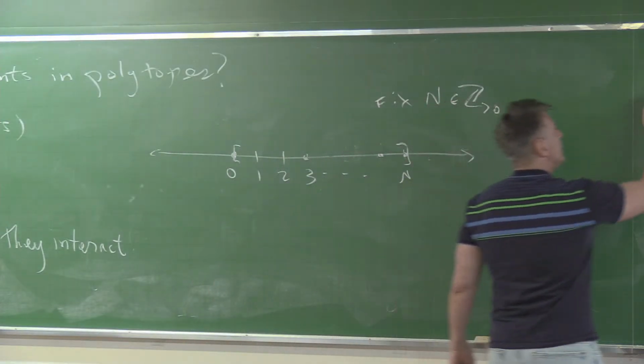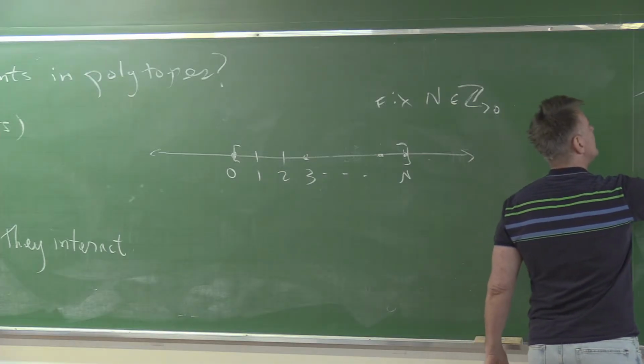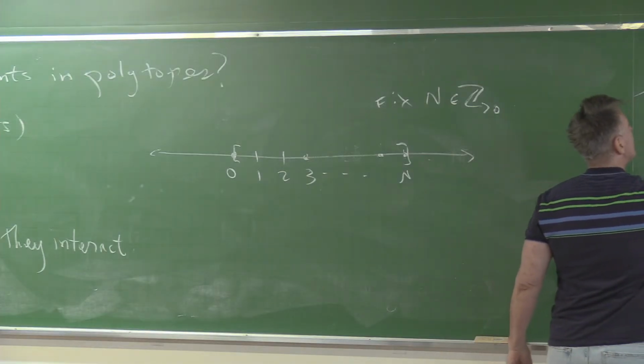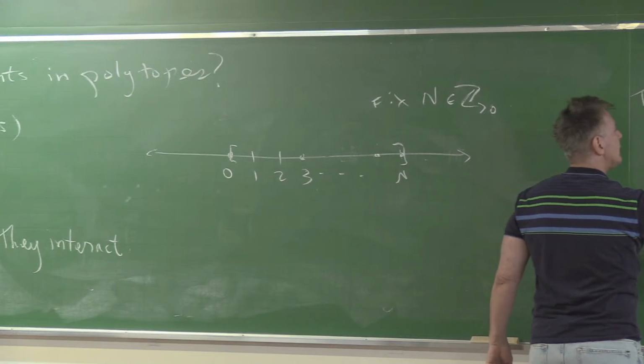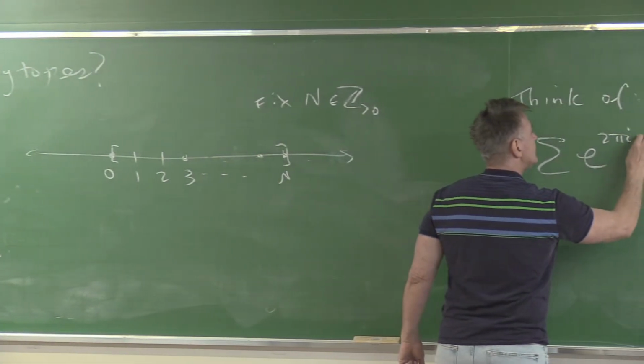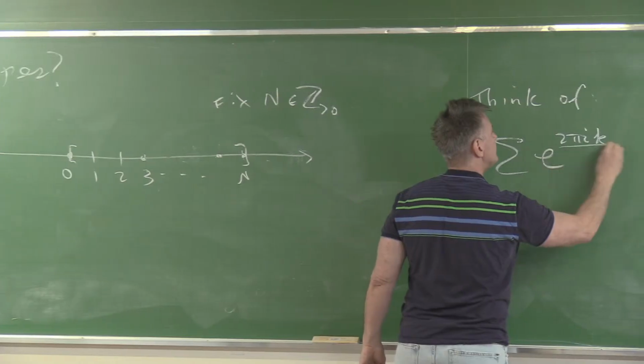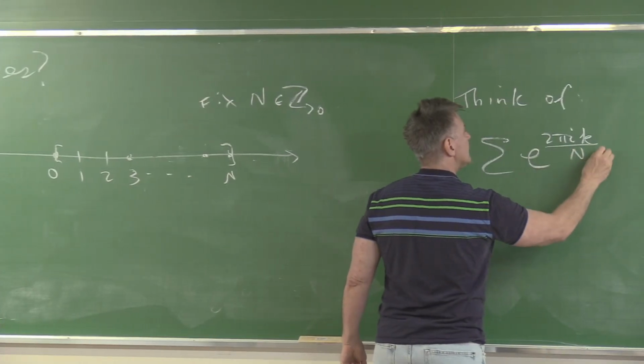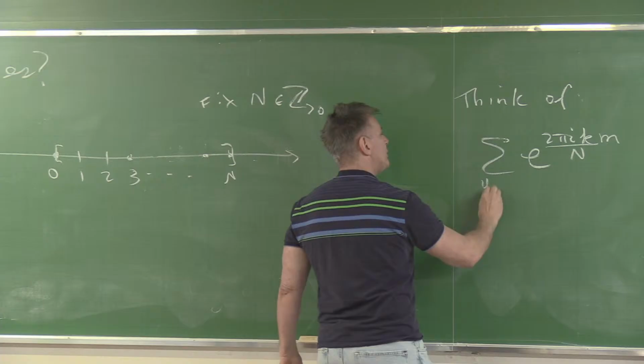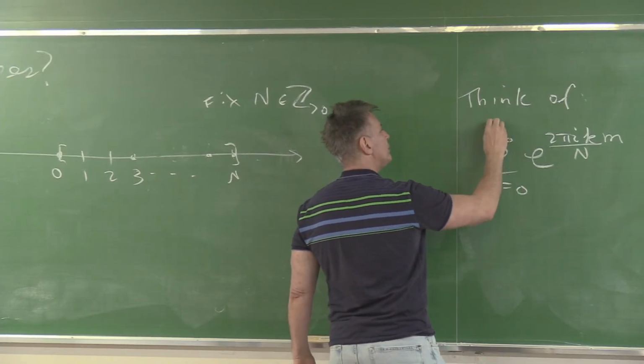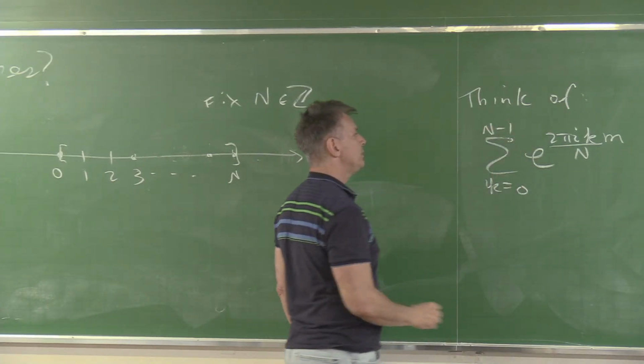So you might think of something like, and this is very classical number theory, let's see, I'm going to add this from 0 to n minus 1.